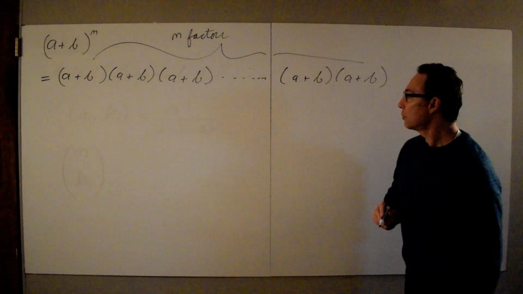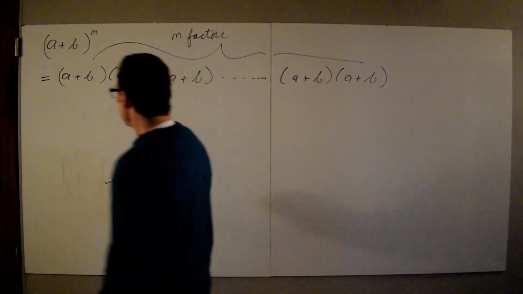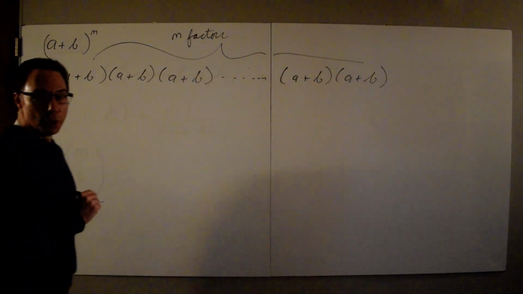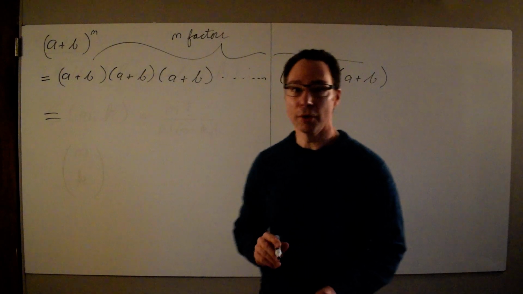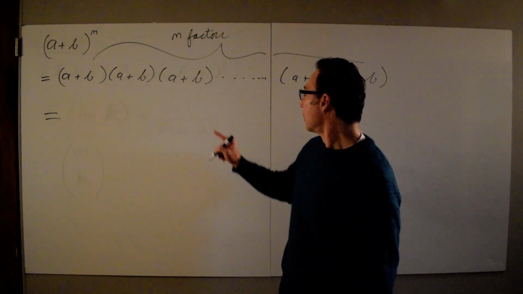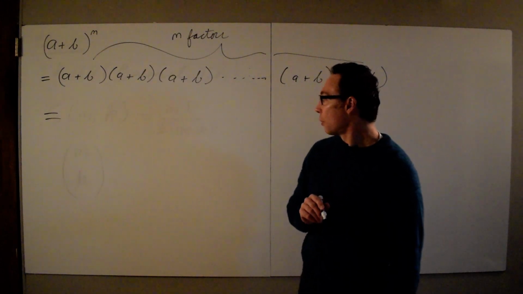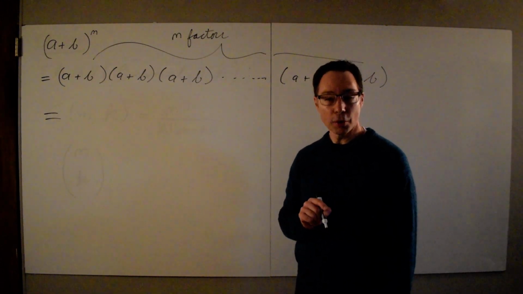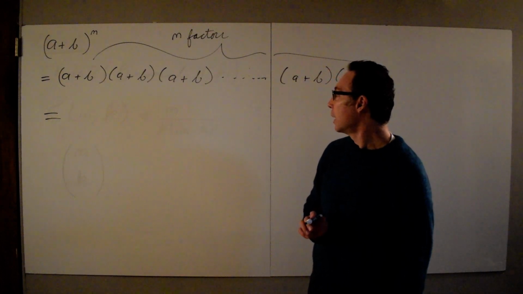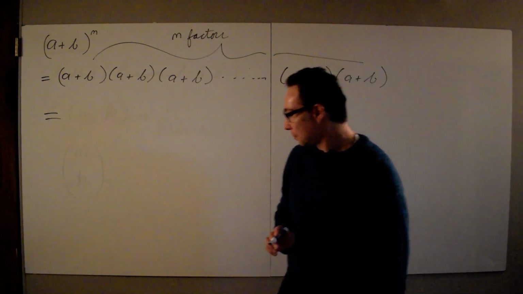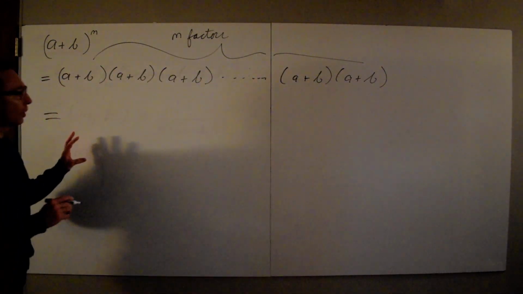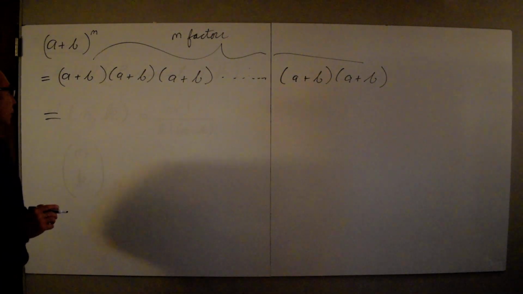The binomial theorem tells us what the coefficients are. When we multiply all of this out, what are the coefficients of all the terms? Some of them are fairly simple and some are more complicated, and we have to use the formula that I just showed you.